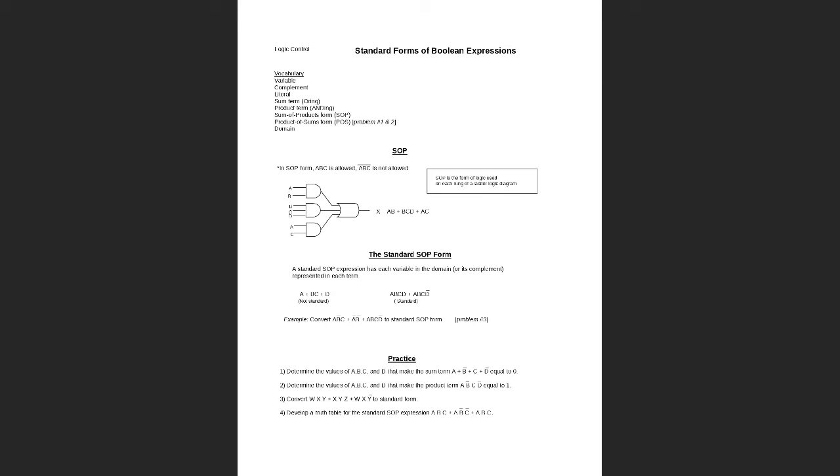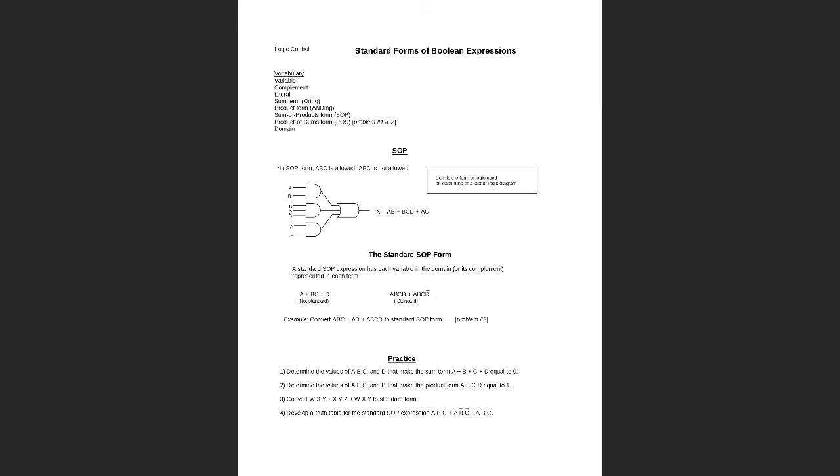But anyway, look at problem number 1 and 2. What you want to do for problem number 1 is very, very simple. You have these sum terms and you have these product terms.